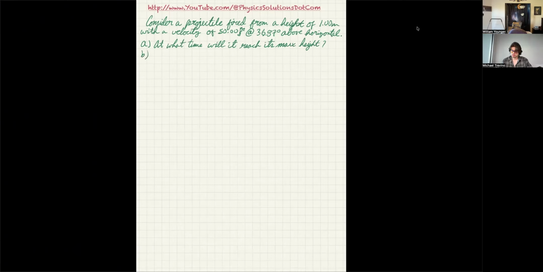B, what will be its velocity when it reaches that max height?